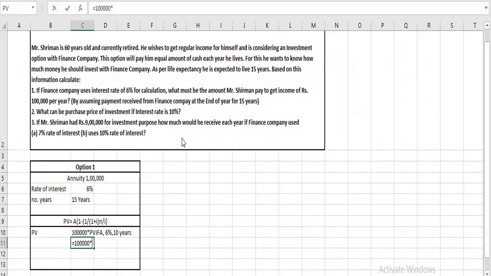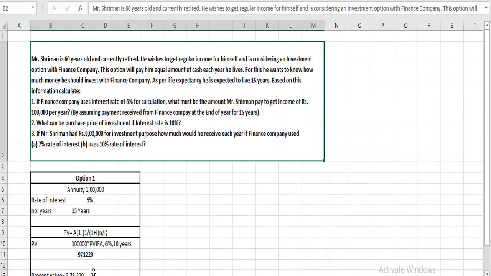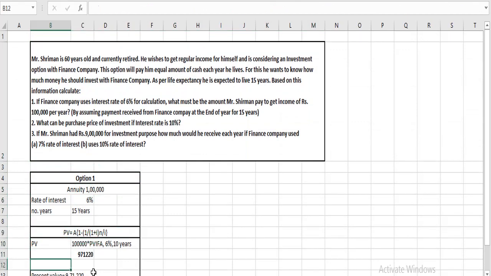So the present value of the income stream which Mr. Shriman is getting is 9,71,220. So this is the value of option number 1.